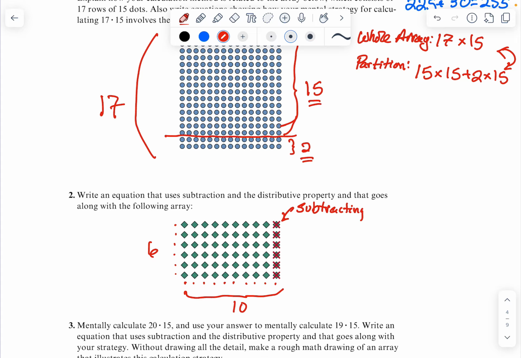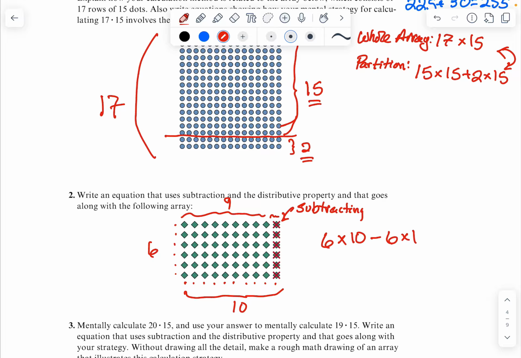Right, so what this is telling me in my picture is that I have 6 times 10 minus 6 times 1.